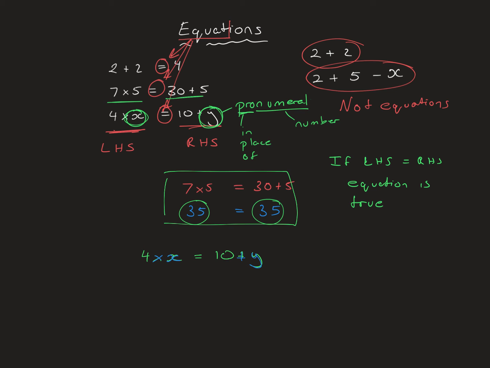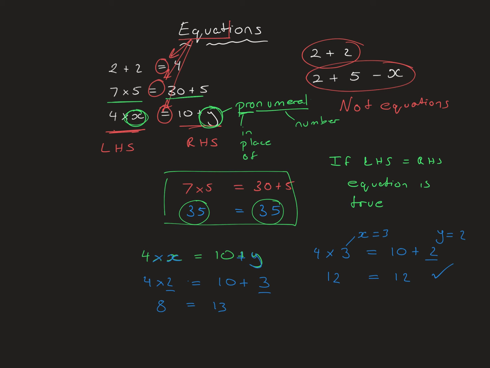So I could say, okay, so 4 times 2 equals 10 plus 3, and that would be 8 equals 13. All right, so 2 and 3 are not solutions to this equation. So we could say 4 times 3 equals 10 plus 2. And you can see here that 4 times 3 is 12, 10 plus 2 is 12. So that means that x can equal 3, and y can equal 2. And that is a solution for this equation.